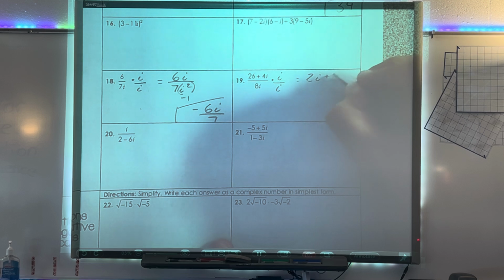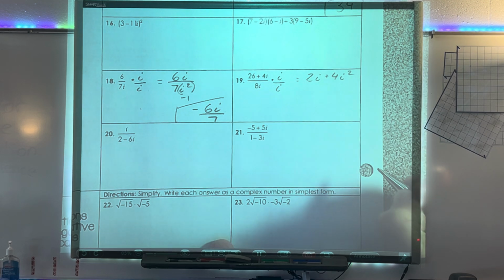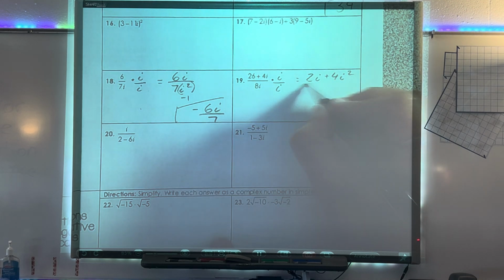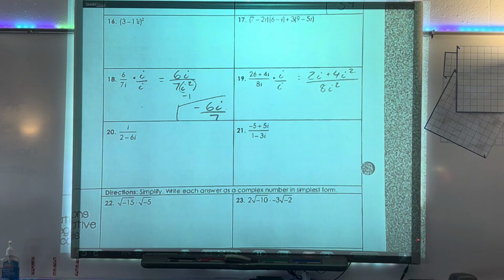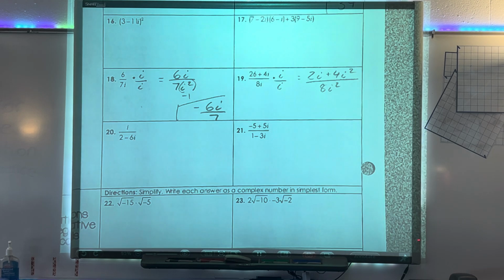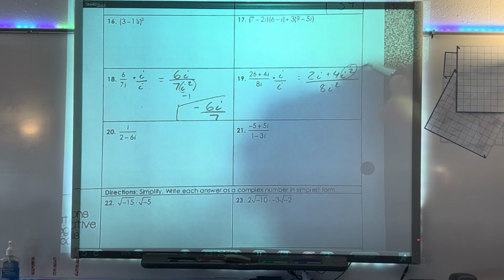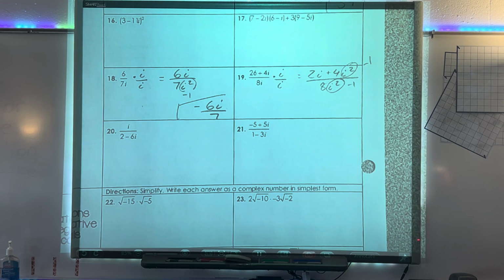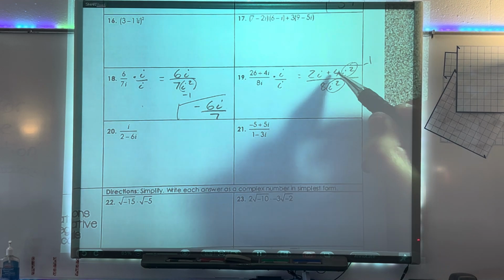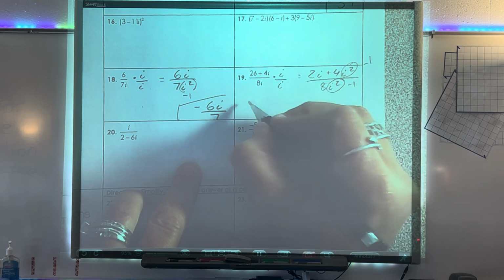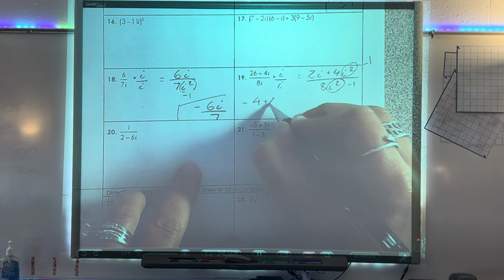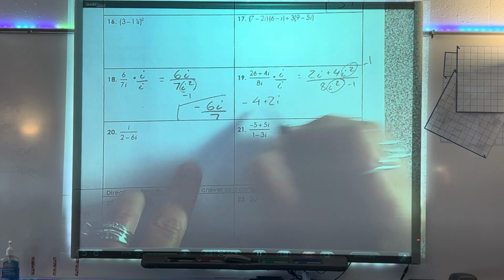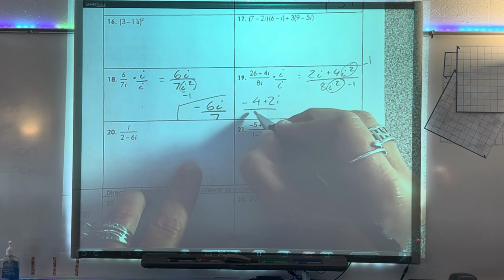Okay, so that's gonna give me 26i plus 4i squared on top over 8i squared on the denominator. We okay there? So this becomes a -1 and this becomes a -1. So that looks like a -4, and we're gonna write the constant first, -4 plus 26i over -8.